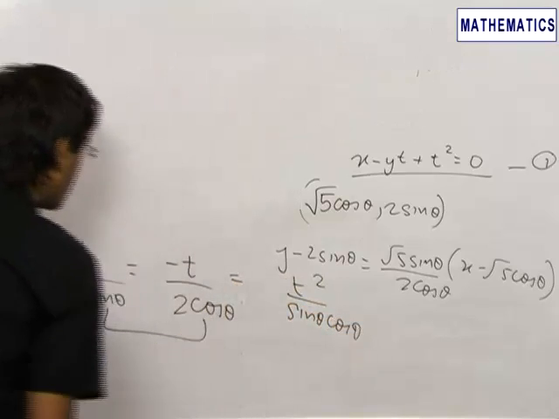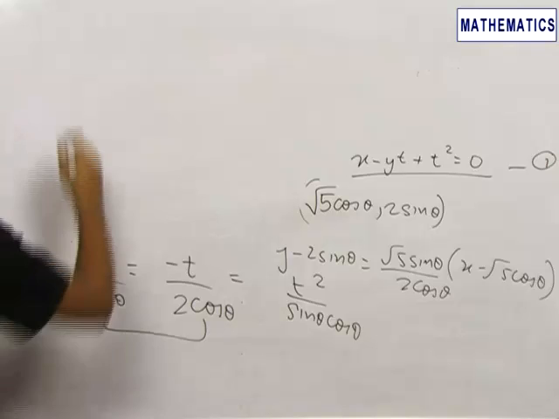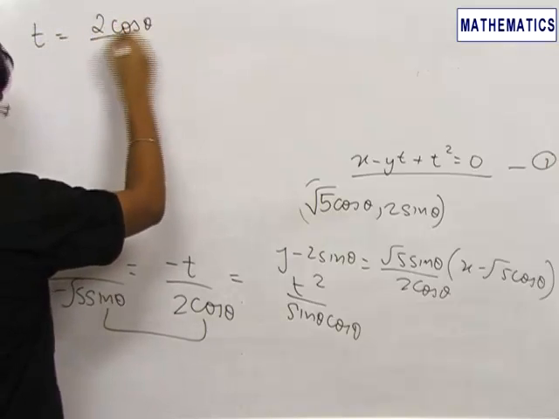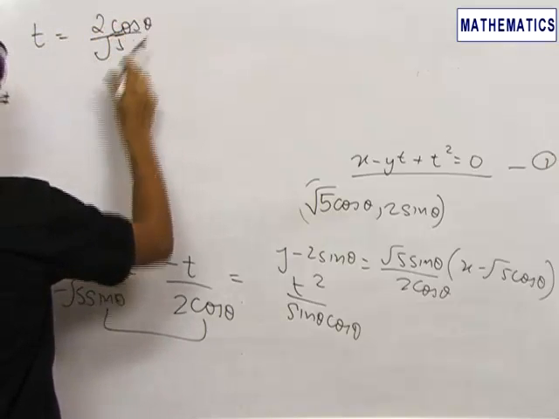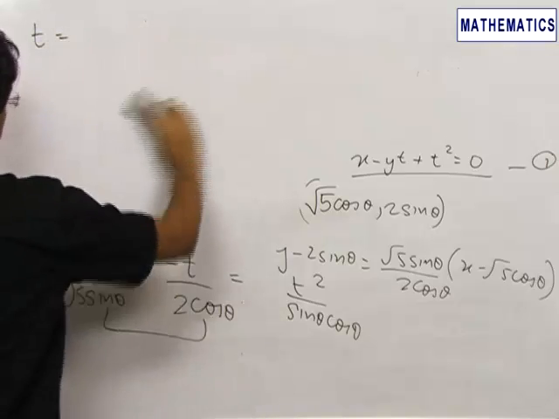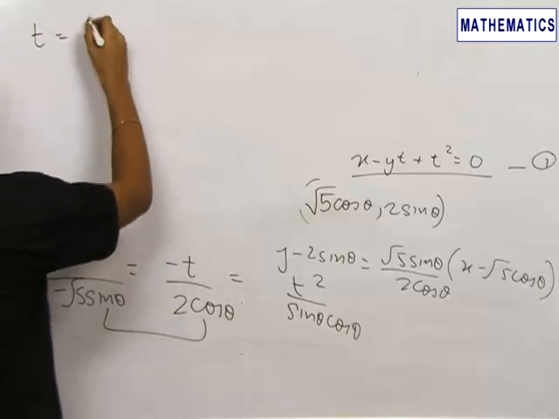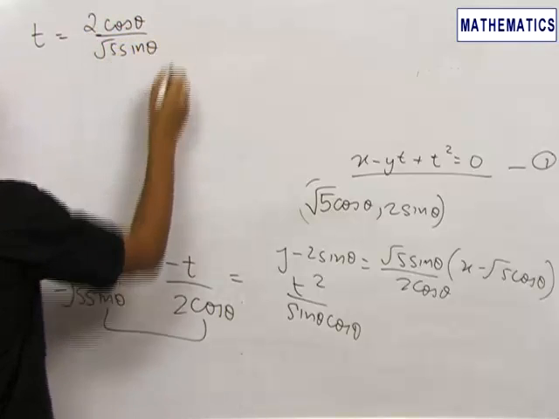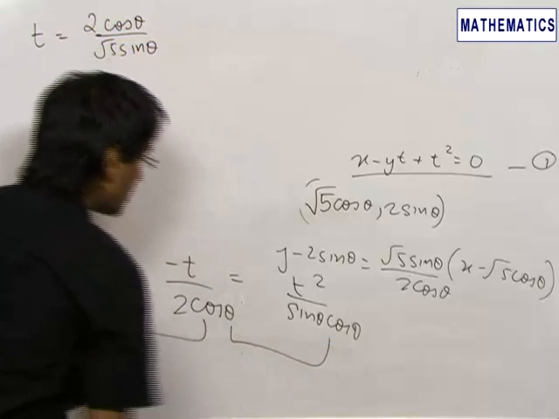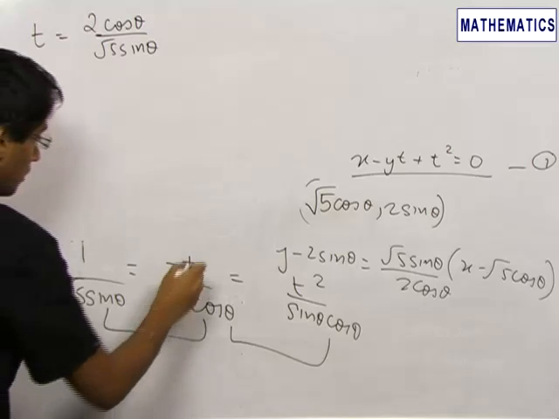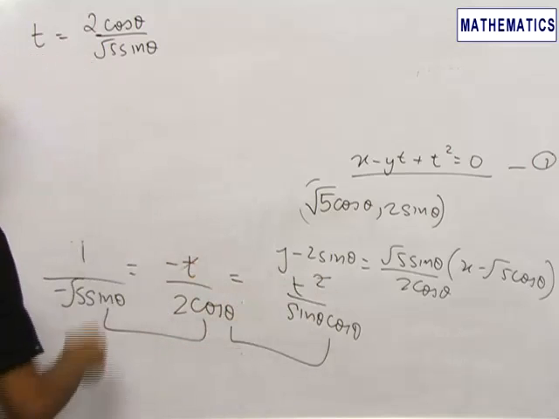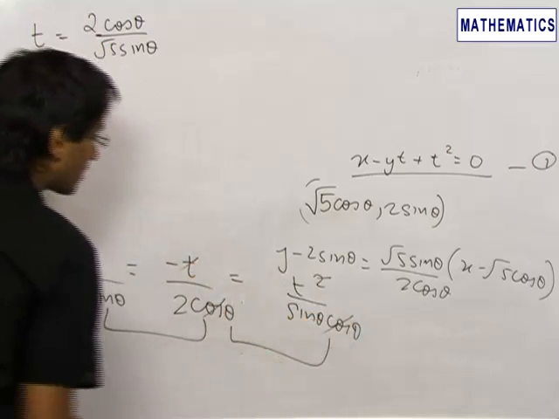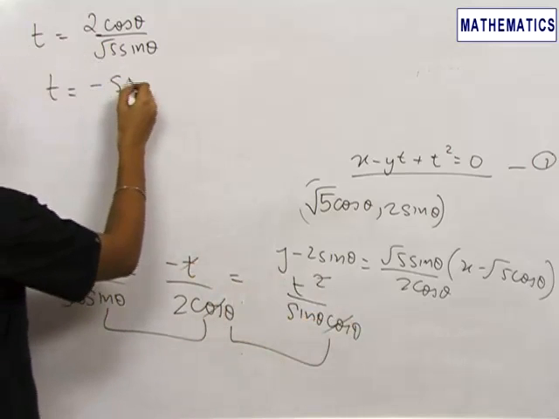Now on comparing first and second, we get the value of t to be equal to 2 cos θ / (√5 sin θ). And on comparing second and third, we have t equal to, this cos θ gets cancelled, −sin θ / 2.